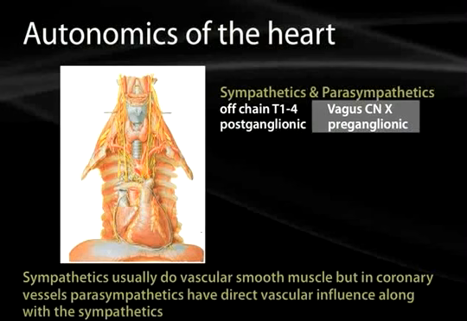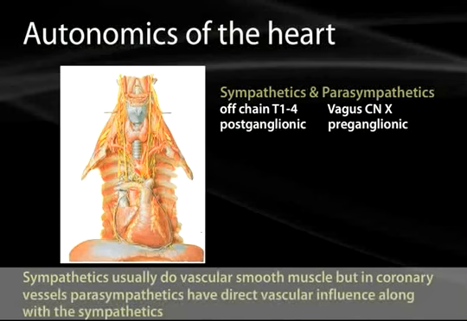That means that we're going to need some ganglia diffusely distributed through the walls or near the heart and lungs and the viscera of the thorax. The sympathetics are going to supply vascular smooth muscle, and in the coronary vessels they're going to also have parasympathetics that have direct vascular influence along with these sympathetics.